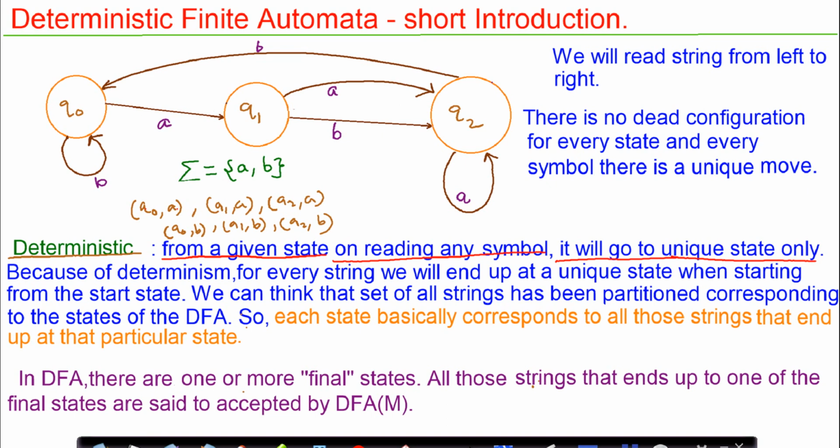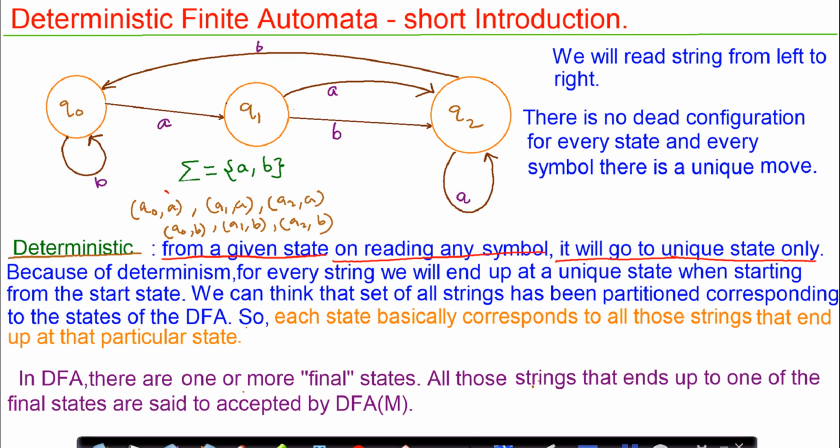First of all, it must have a move defined, and second, this move has to be unique. So Q0 on A will go to Q1 only. There is no more than one move defined for a combination. For any combination, there is only one unique move that is defined, and that is why it is called deterministic. There is a consequence of this determinism that we will look at in a little while.